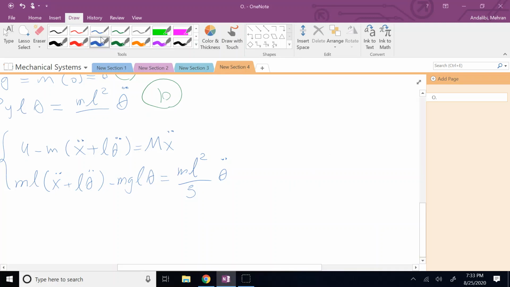Now from here you can solve for x double dot and theta double dot, because they are the two unknowns, and you can consider u to be a known value.